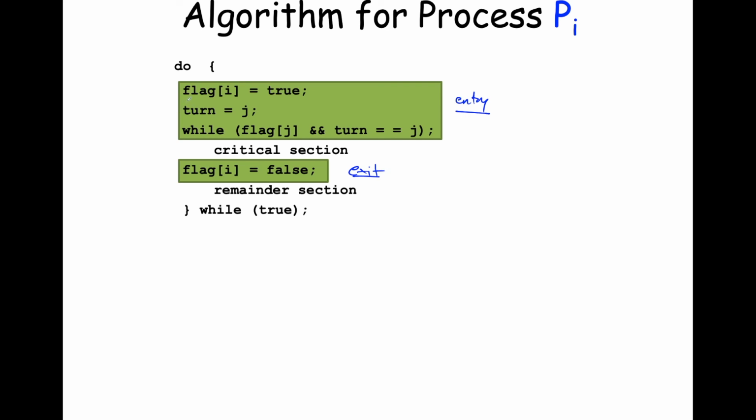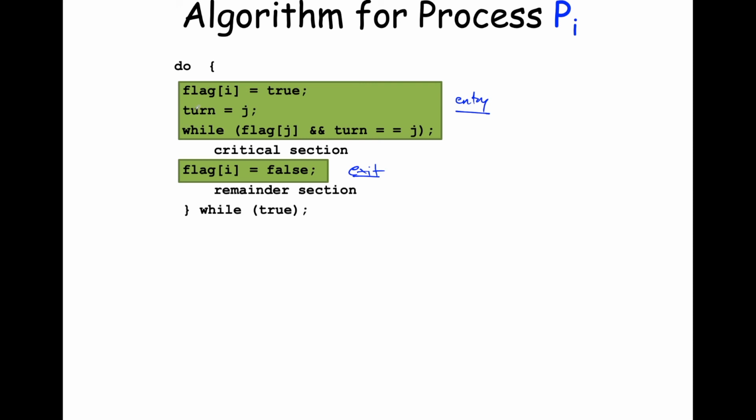Now the next thing that happens, you sit in a tight while loop, and this is the barrier part. It has a spin lock. Two conditions have to be the case: it has to be the turn of the other process, and that process also has to be ready to enter.